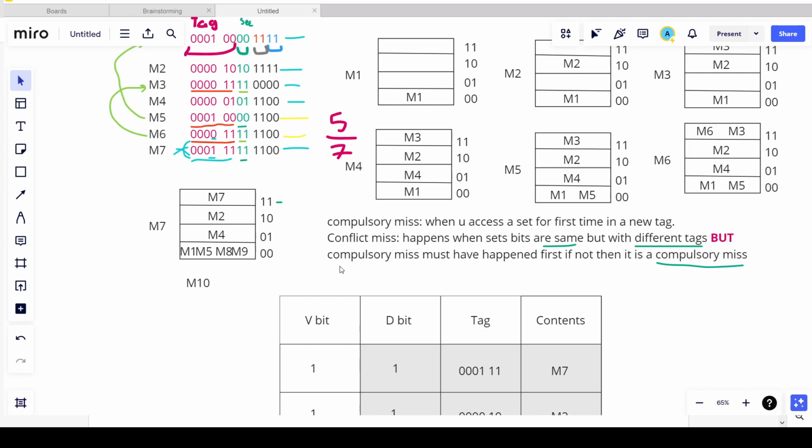We cannot cache more data inside it. So basically we just delete everything. No, sorry, we don't delete everything. We put M10 and we delete M1, since M1 was the least recent data accessed.